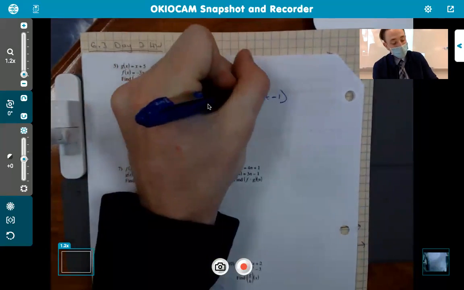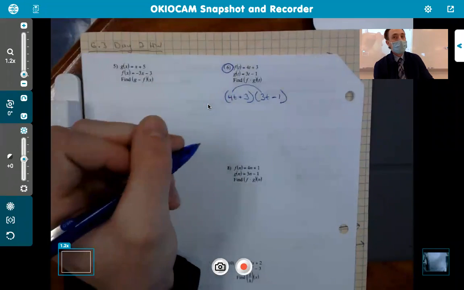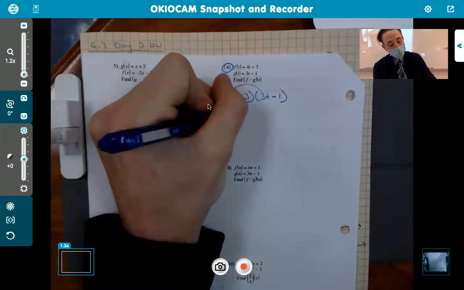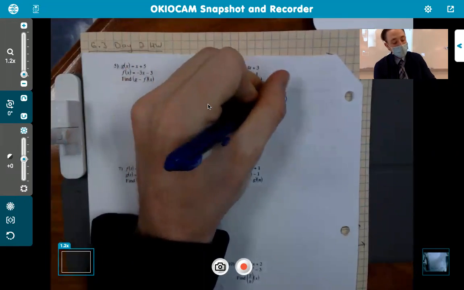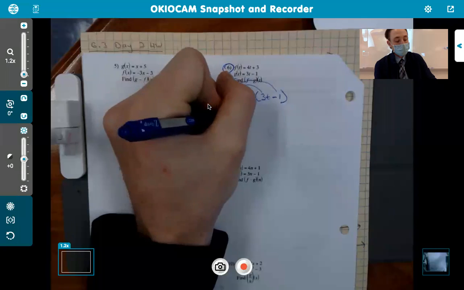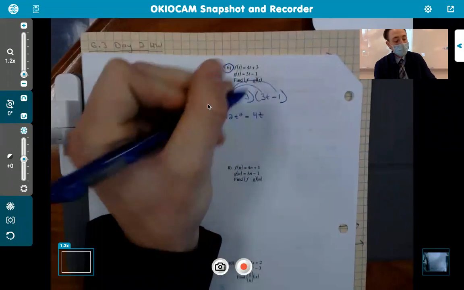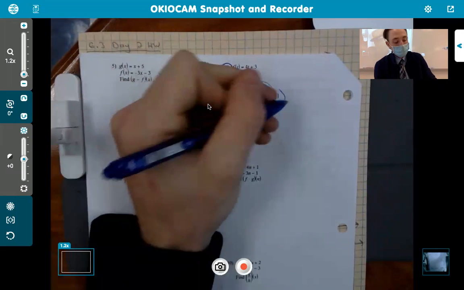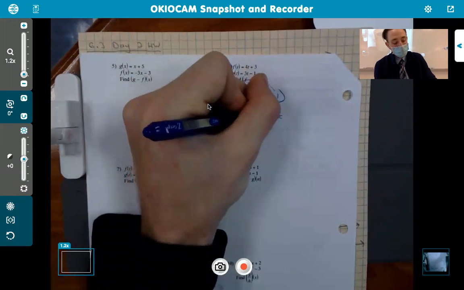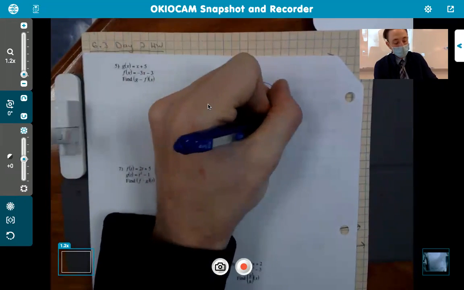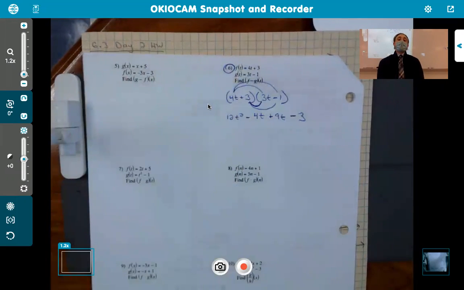So first term by first term, what's 4t times 3t? 12t squared. What's 4t times -1? -4t. What's 3 times 3t? 9t. And then 3 times -1? -3, right?